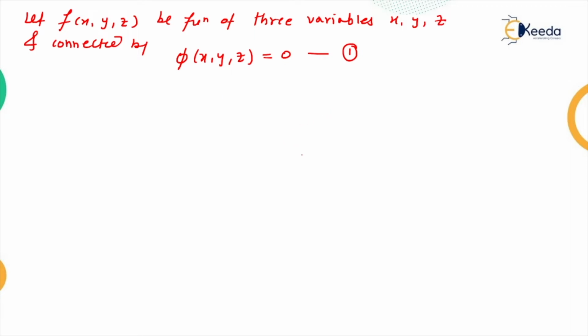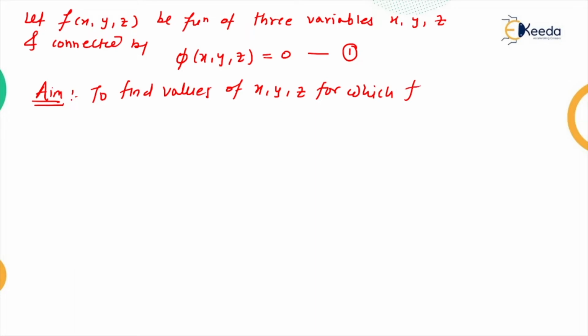Now suppose our aim is to find the values of x, y, z for which f of x y z is stationary, meaning we have to find the maxima and minima of this function f of x y z.